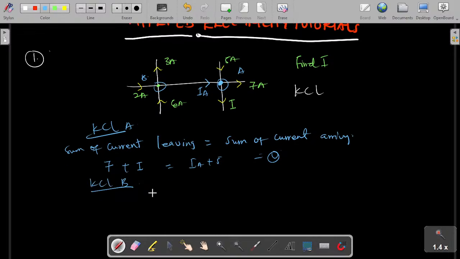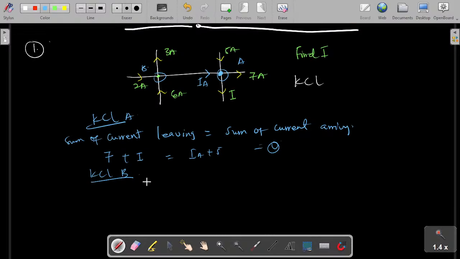At junction B, what you can clearly see is that we have 3 arms leaving, 6 arms entering, and 2 arms entering. IA is also leaving. We apply the same thing here: the sum of currents leaving is equal to the sum of currents arriving.